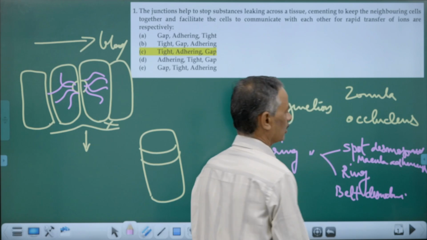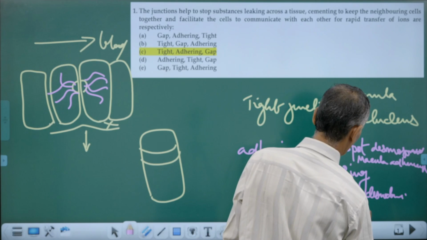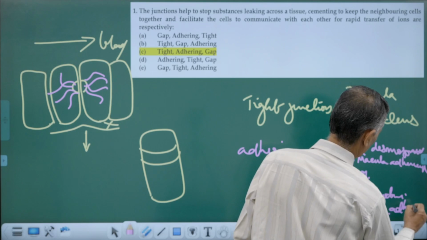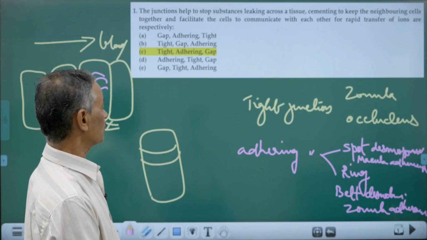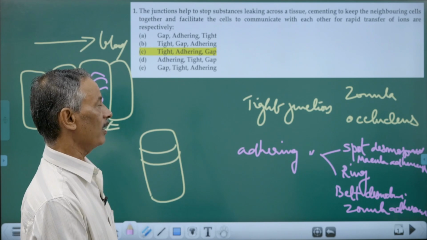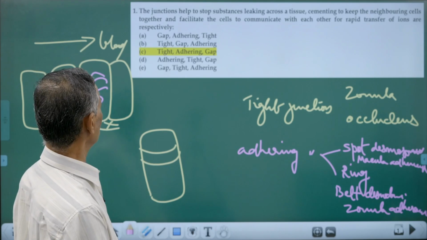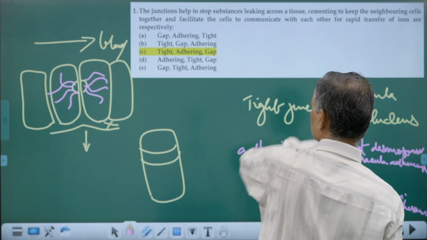These desmosomes are called zonula adherens. That's the correct word. So adhering junctions are simply called desmosomes. They are correctly called desmosomes. And facilitate the cells to communicate with each other.